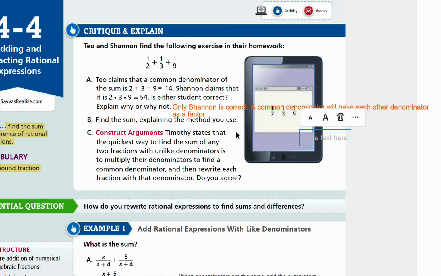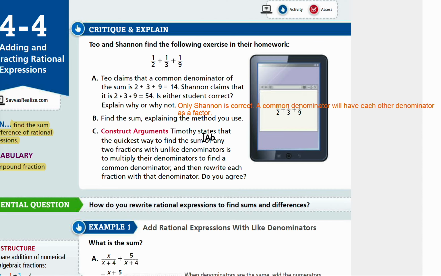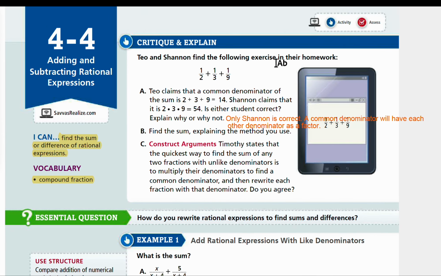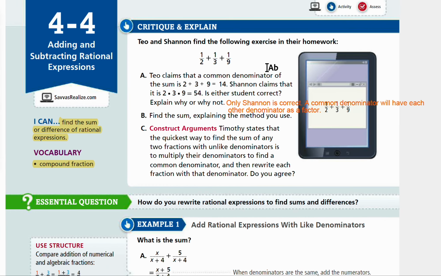Yeah, and then part B, find the sum, explaining the method you use. So we want to multiply the denominators out, right?